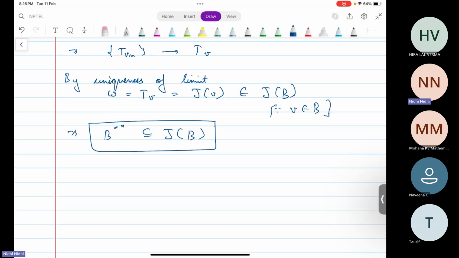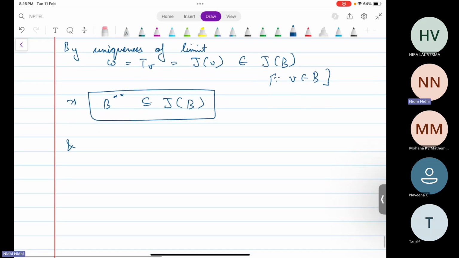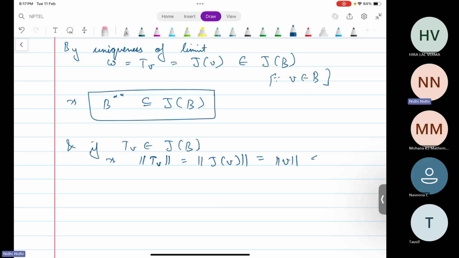And if I take an element in JB, and if TV belongs to JB, then norm TV, which is equal to norm JV, is equal to norm V. Now this norm V is obviously less than or equal to 1 because TV is in JB, that is V is in B, so this norm is less than or equal to 1.